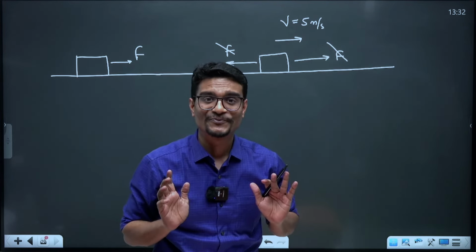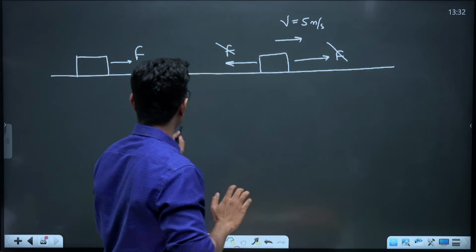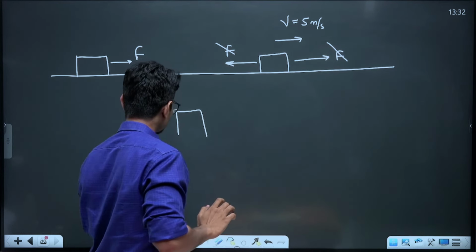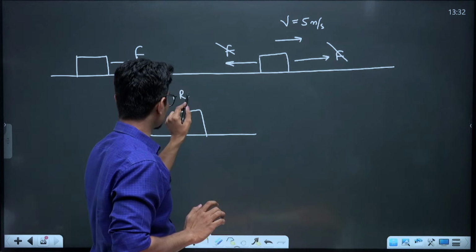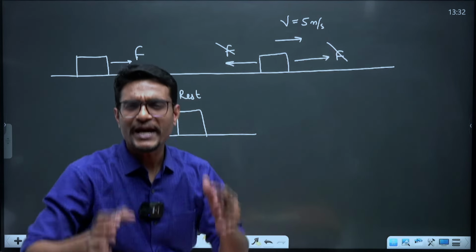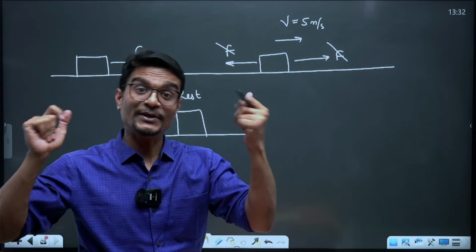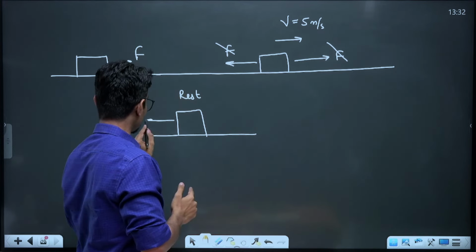If it was in motion, it will remain in motion, and if it is at rest, it will remain at rest. So let us say I have a block and it is at rest, and at the same time I apply two forces, one in this direction, one in this direction.